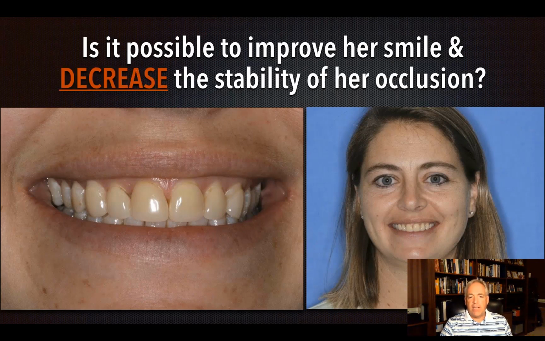But the other thing I want you to think about is this question: is it possible to improve her smile and decrease the stability of her occlusion? And I'll tell you, I see it all the time. People coming in for second and third opinions with work that has just been completed and veneers are popping off and fracturing, and they want to know why. But they never seemed to have any problem before, and veneers go on, which shouldn't seem to alter the occlusion, and they do.